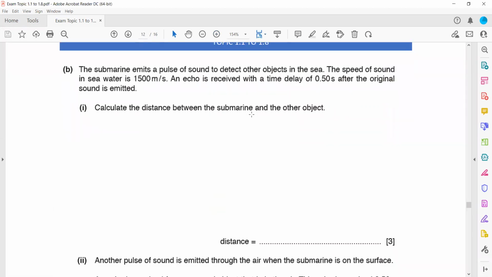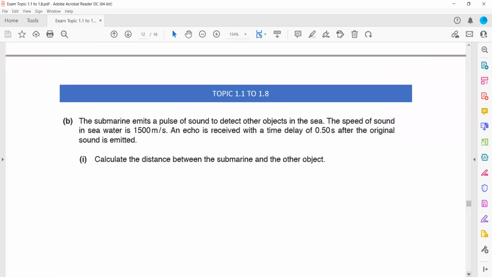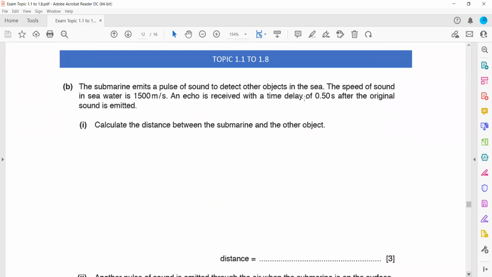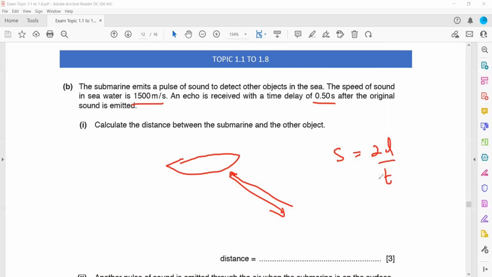Then a submarine emits a pulse of sound to detect another object in the sea. The speed of sound in seawater is 1500 meter per second, and the echo is received with a delay of 0.5 seconds. Calculate the distance between the submarine and the other object. If this is a submarine, it sends the sound and it bounces back from the object. Whenever there is a reflection, the formula is speed equals 2d divided by t.